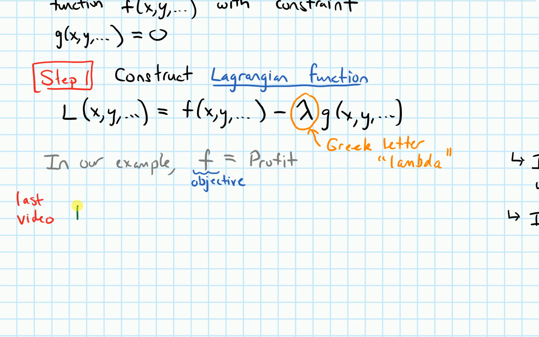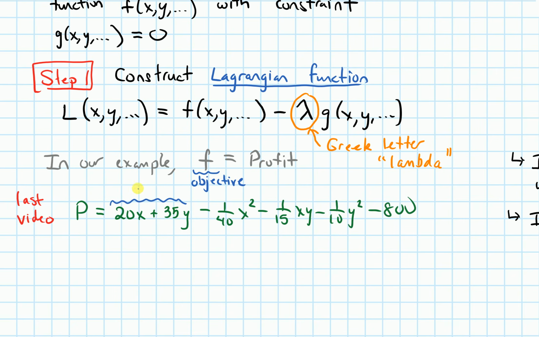So recall that the profit function was 20x plus 35y minus 1/40 x squared minus 1/15 xy minus 1/10 y squared minus 800, where the initial part of this, 20x plus 35y, that was the revenue. So this whole thing is going to be our function f. Our objective is this profit function.